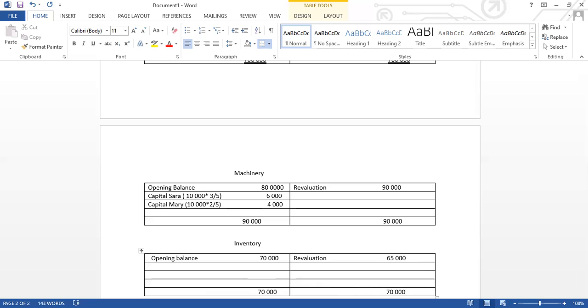And then in this case, the 65,000 as the smaller amount is now on the credit side, no more on the debit side. So now we need to balance off. We said that we do not balance off, but we transfer or close off to our capital accounts. Now we have capital Sarah.